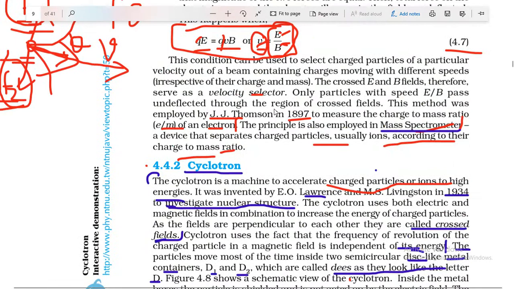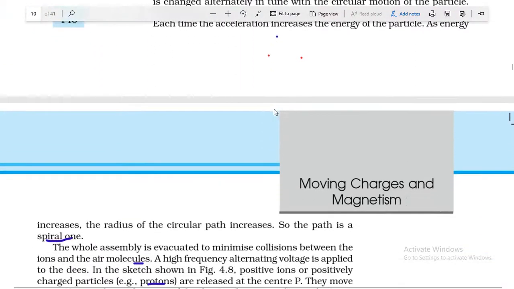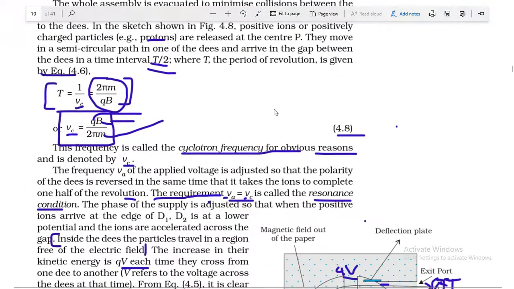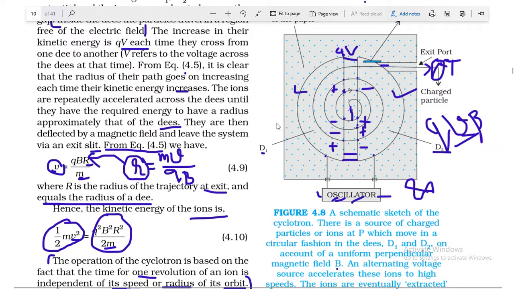Now if we see the structure, you can see here this is the schematic sketch of cyclotron.